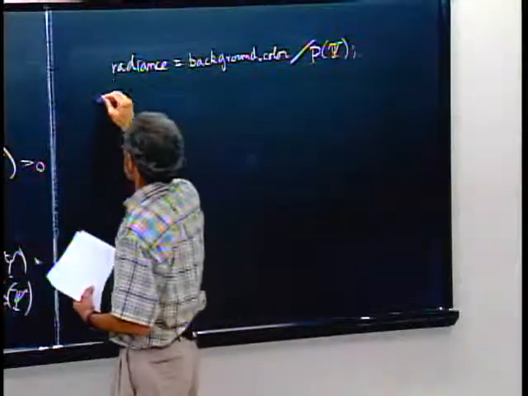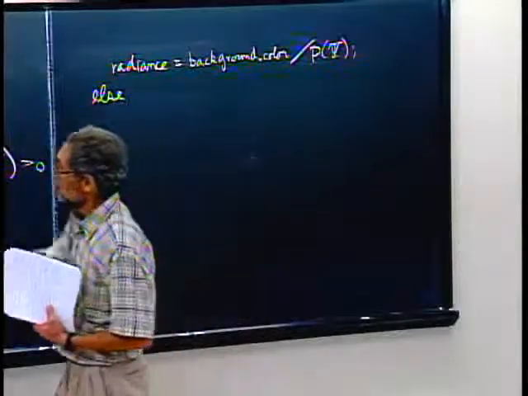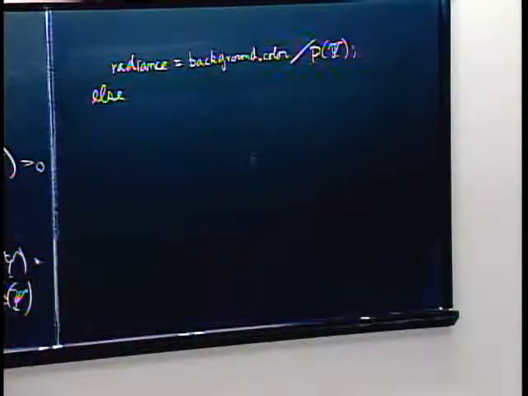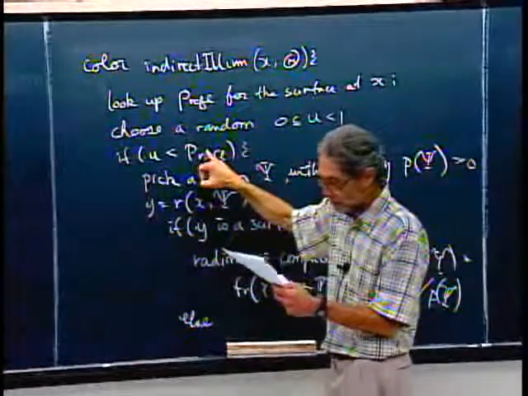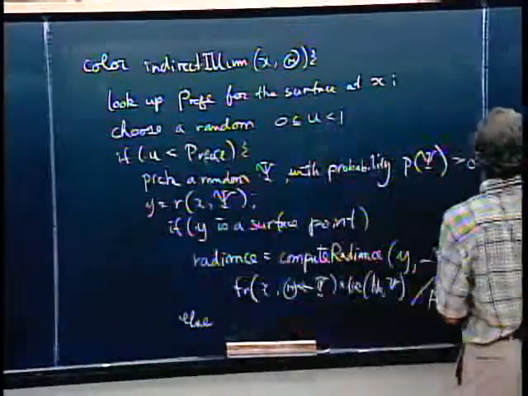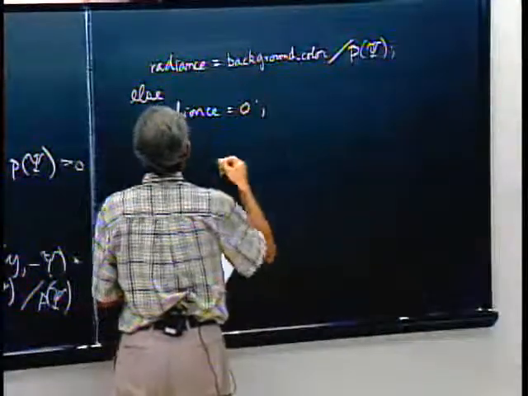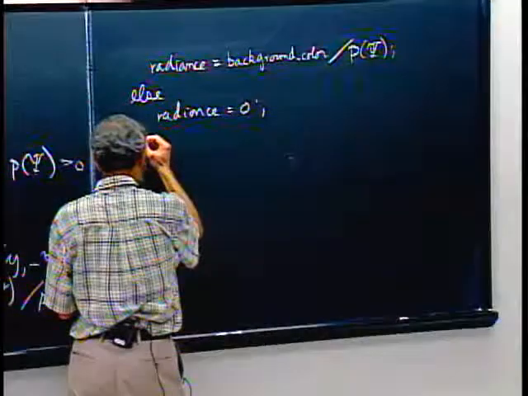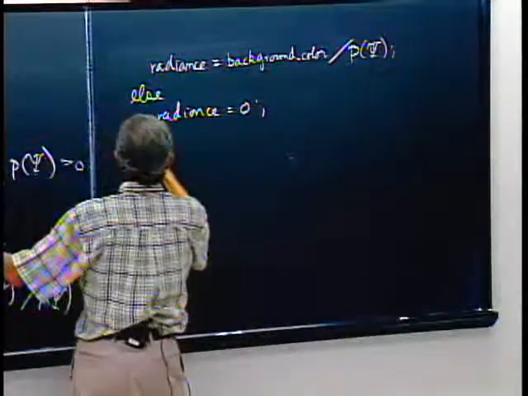Okay, and then we have another else, which is that this u didn't satisfy the condition for the Russian roulette, in which case we're going to contribute 0. And now we're going to return, I guess, here's my if.